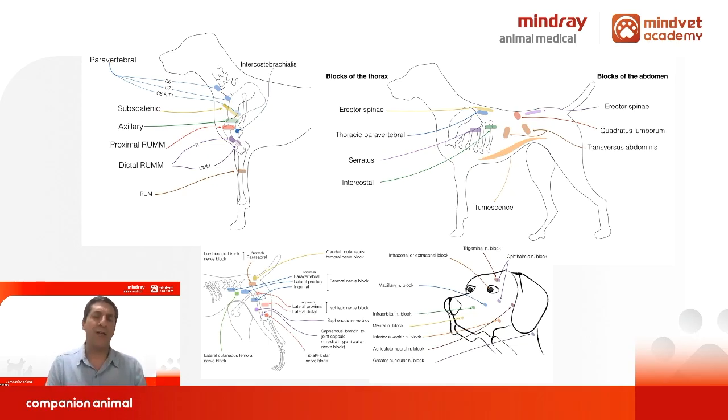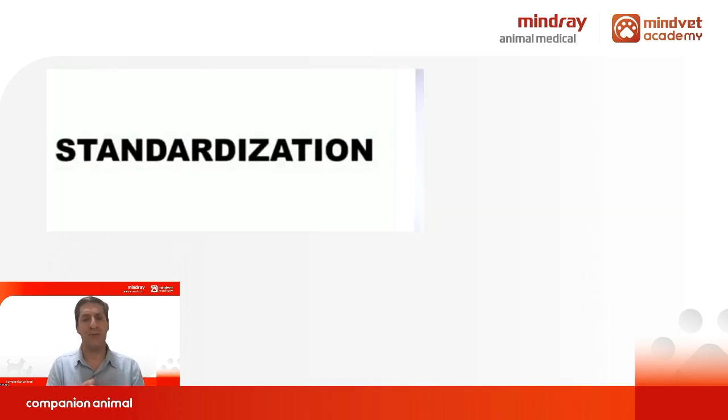Of course, we are going to speak about the most useful and important ones to desensitize appendix, thorax, abdomen, etc. But no matter which block we are going to perform, we need to standardize our technique.